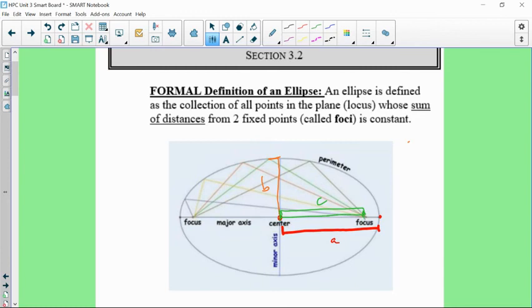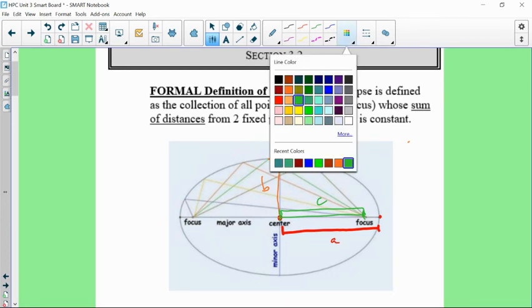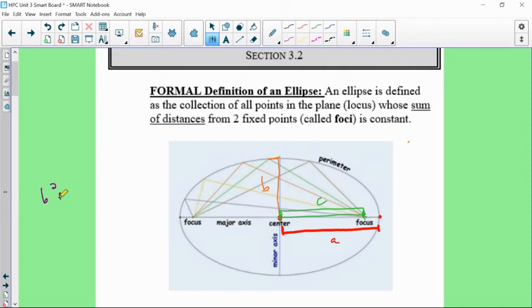Now, there's actually a relationship that exists among all three variables. And it's based on the Pythagorean theorem. Just watch your letters because a has to be the largest. It's b squared plus c squared equals a squared.